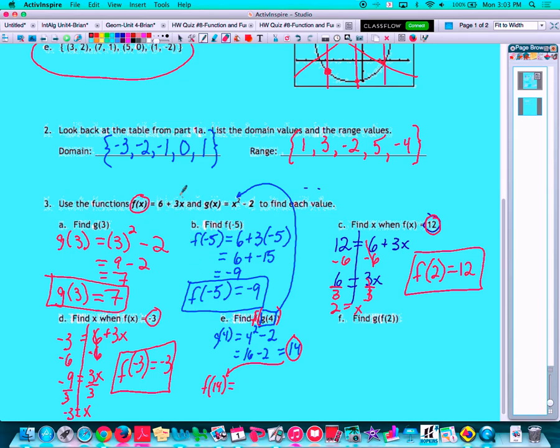So the f function is up here, remember, 6 plus 3 times x. So 6 plus 3 times, we're going to replace the x with 14. So now we work that out to be 6 plus 42, which is 48. So our final output is 48 here.